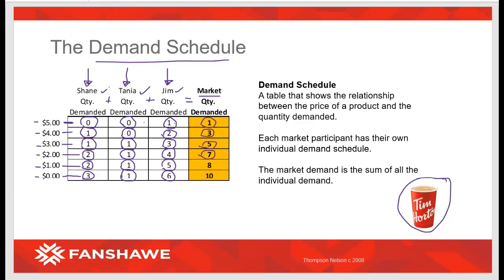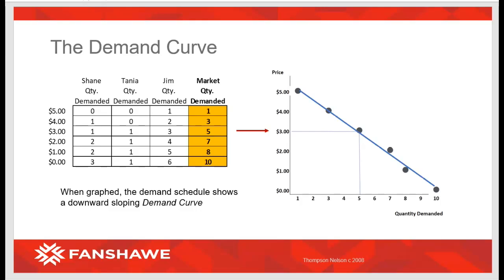I can graph this information. I can take this demand schedule and I can create what we call a demand curve. I can create an XY graph with the quantity demanded on the horizontal axis, the x-axis, and the various prices on the y-axis, and I can look at those relationships.